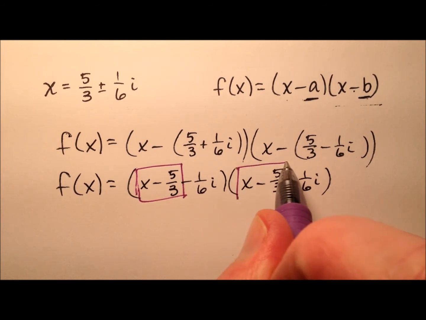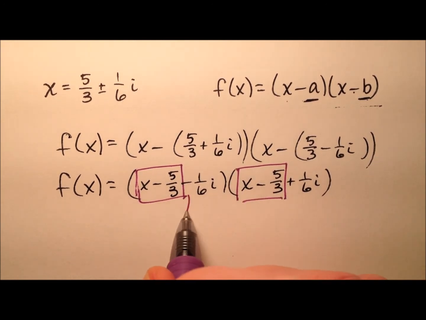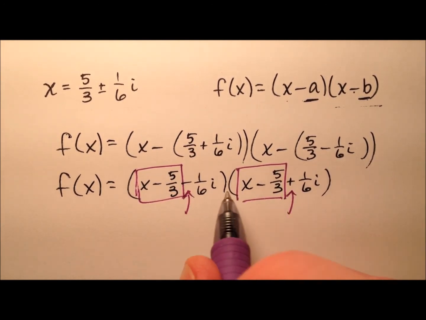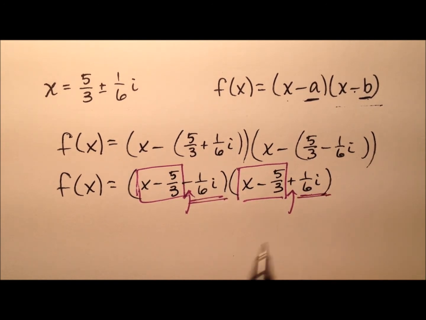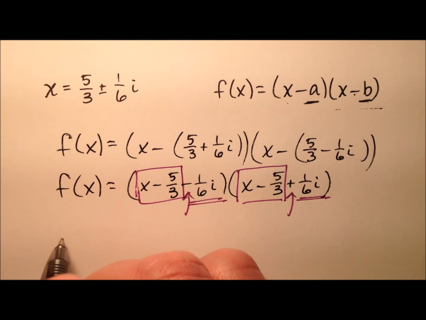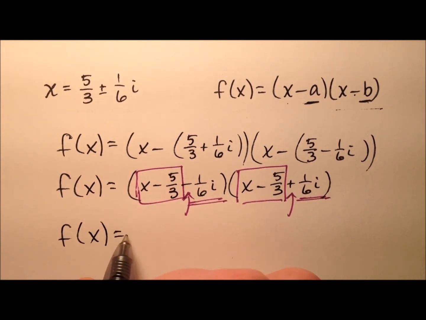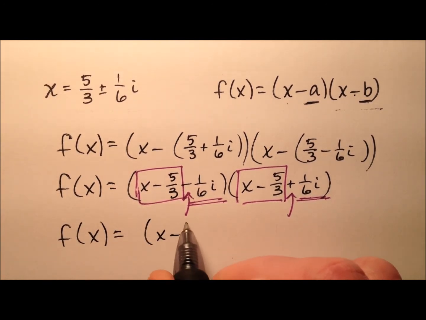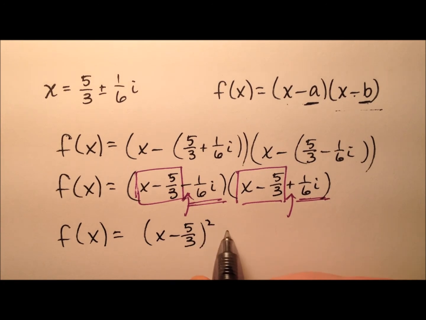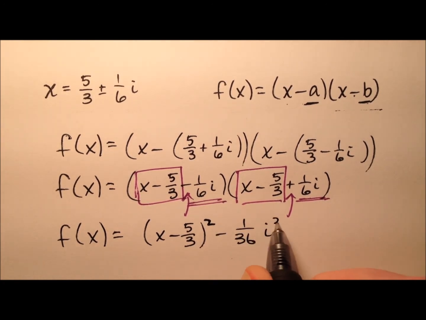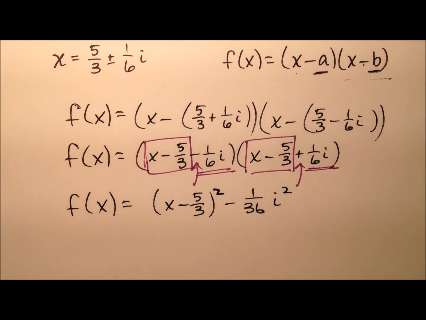So the x minus 5/3 is our a. One is negative, one is positive. And then this 1/6 i will be our b. So we have f of x equals x minus 5/3 quantity squared, and then minus 1/36 i squared.